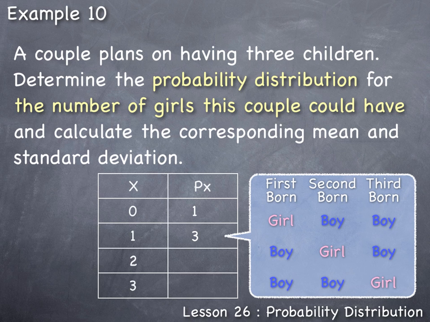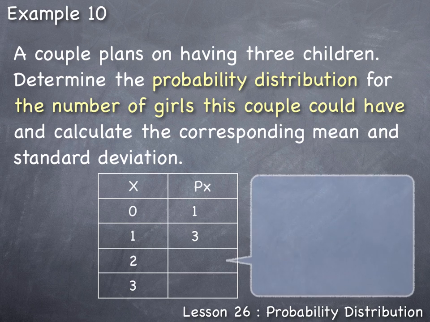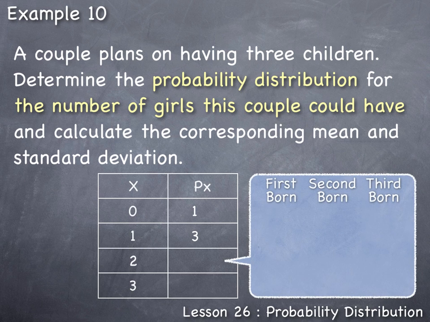Now for x equals 2. That is, the probability that 2 of the children are girls can be found this way. Well, if there are 2 girls in the family out of 3 children, that means there's just one boy. And that one boy could have been the youngest, meaning the first 2 were girls. So here we have a girl first, girl second, and the boy third. That's just one arrangement. There are other arrangements. That is, the one boy could have been the middle child.